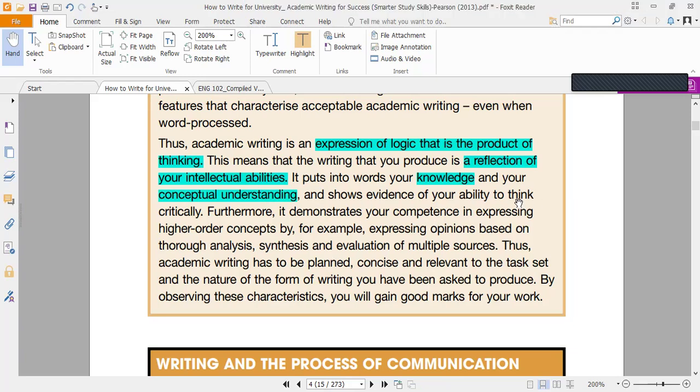Now, look, this term, think critically. What is critical thinking? Put simply, you say something and then somebody raises a question, why should I believe what you're saying? And you support your statement with a true reason. You give a reason to support your claim. Then the person says, why should I believe the reason?